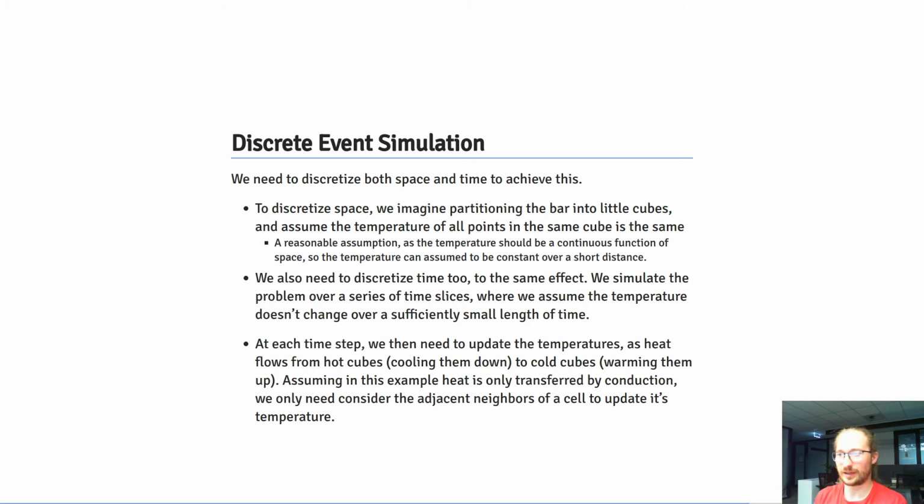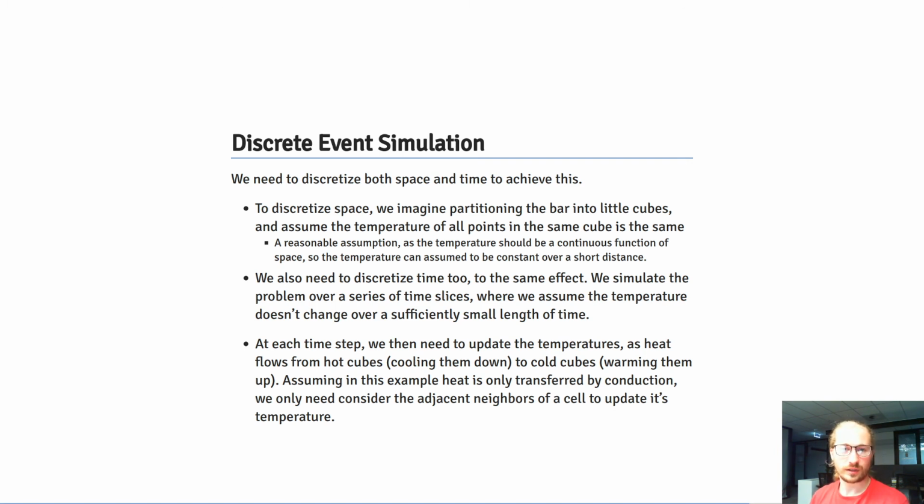And the last thing we're going to assume is that temperature change is only local. So the temperature of one particle in the steel block can't affect a particle all the way at the other end. When we're computing the update rule, each cube, so each little part of the steel block, can only conduct heat to the blocks adjacent.